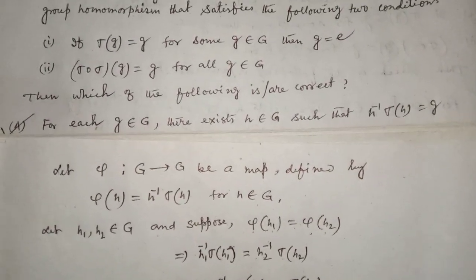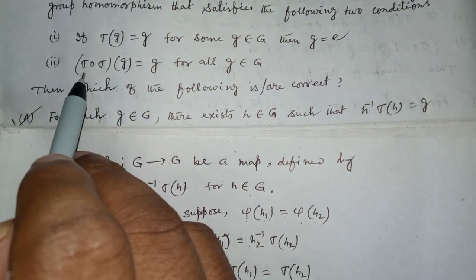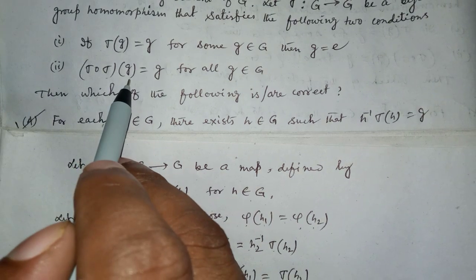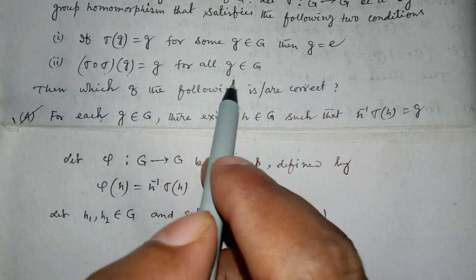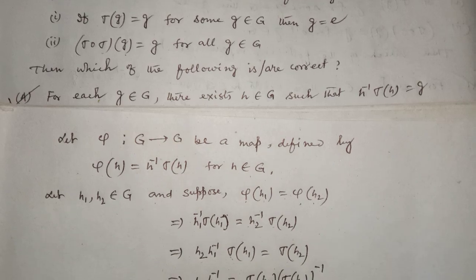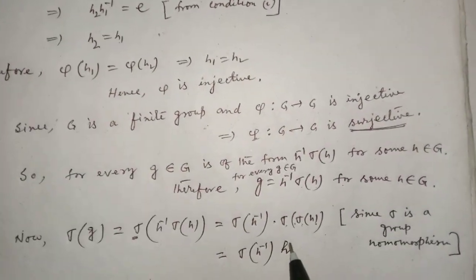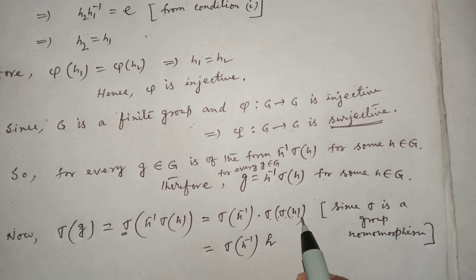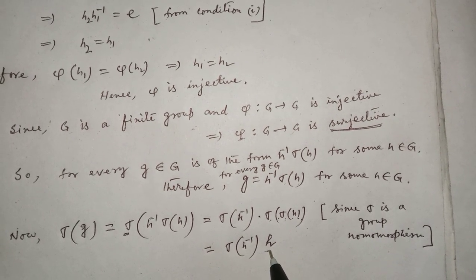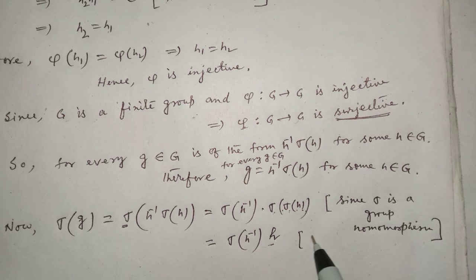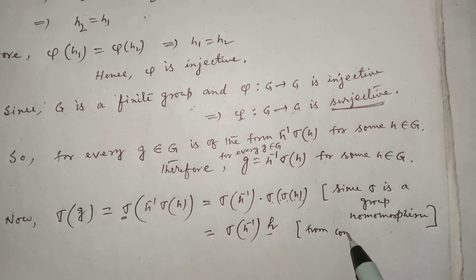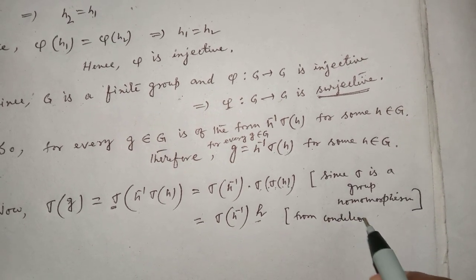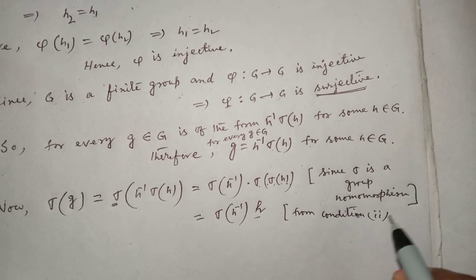In condition 2, it is said that sigma composition sigma of g is equal to g for all g belonging to the group G. So sigma composition sigma of h is equal to h from condition 2.